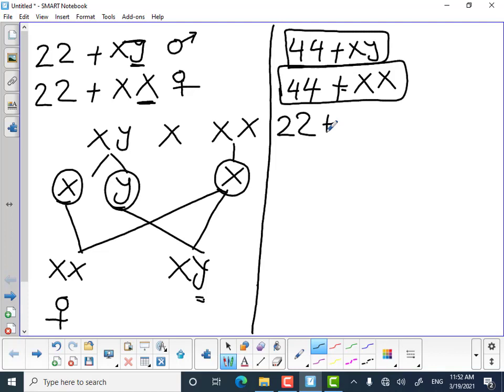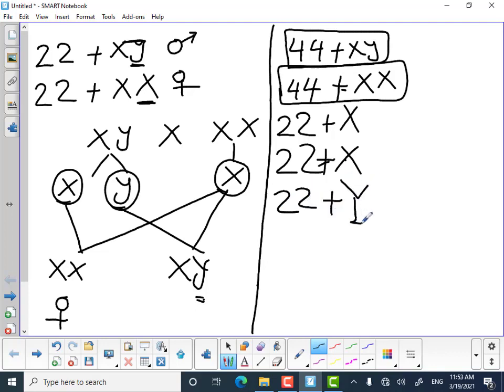It is 22 plus X in the ova, and the male has two possibilities, maybe 22 plus X or 22 plus Y, like we said here.